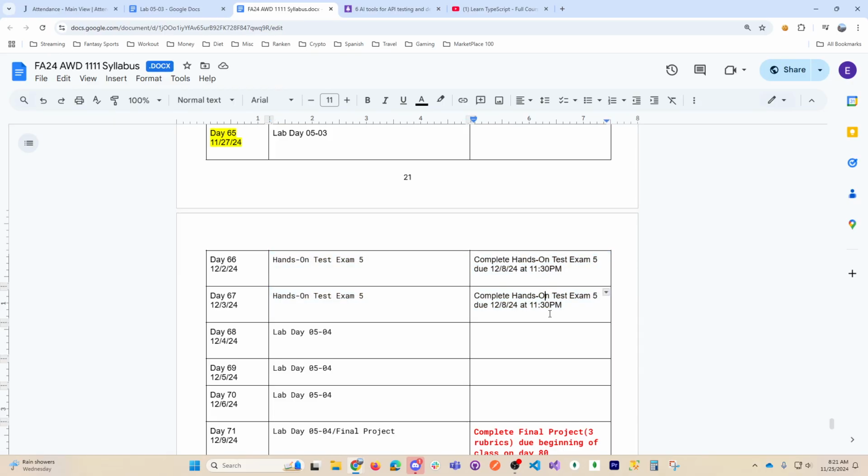Now, you might wonder, we saw exam 4 built on top of exam 3. And so you might wonder, is exam 5 going to build on top of exam 4? The answer is yes. So my advice on exam 4, because as you know, this class gets a little bit more difficult as you go on, is to clean up your exam 4 and fix any bugs, obviously, because we're going to be building on top of it.